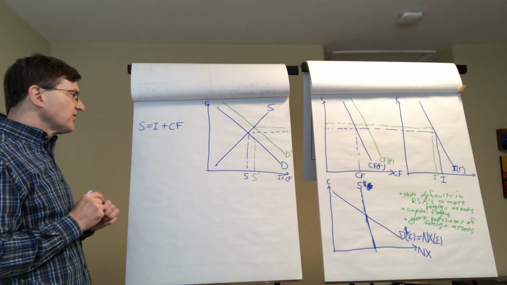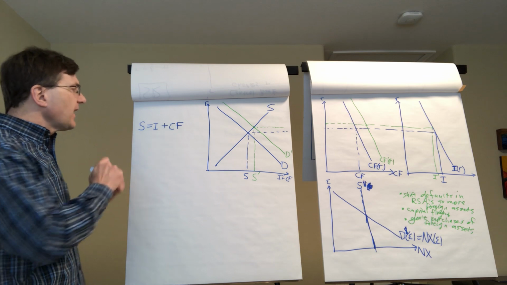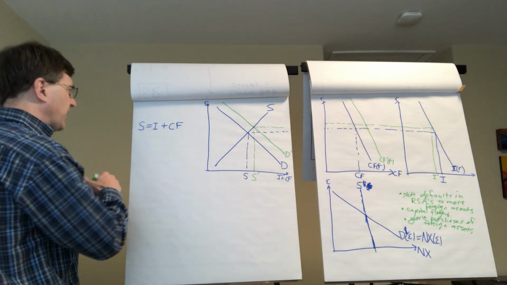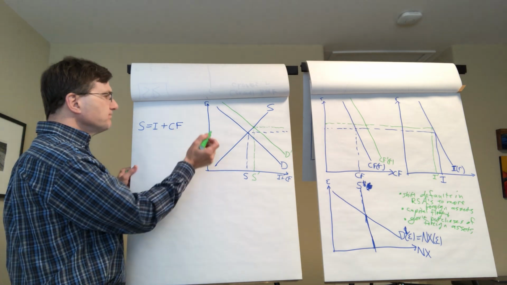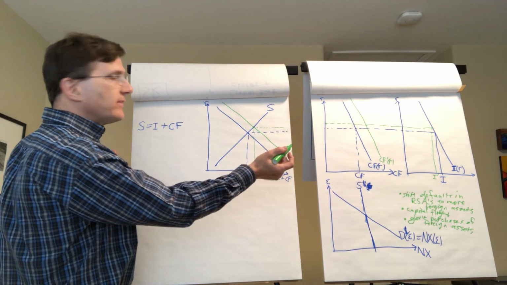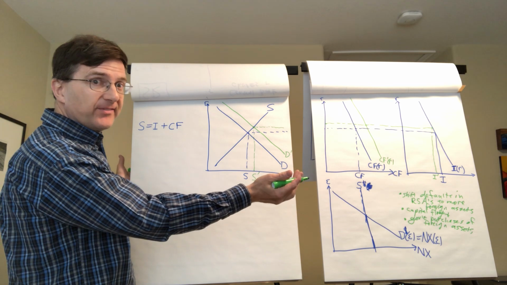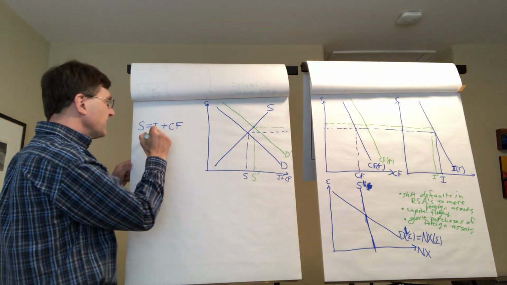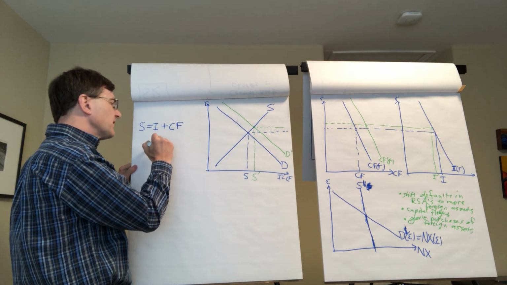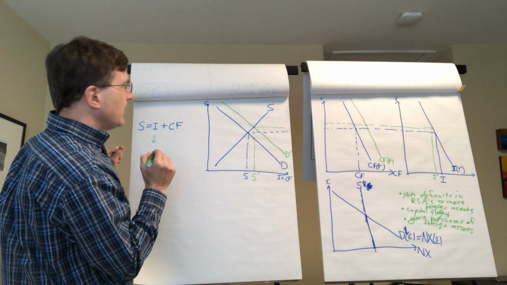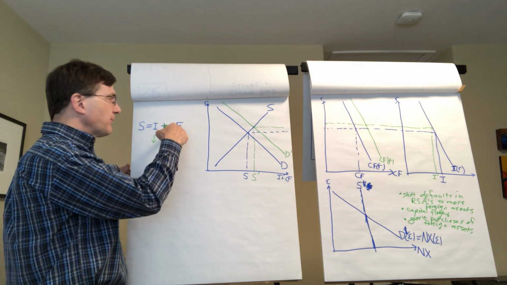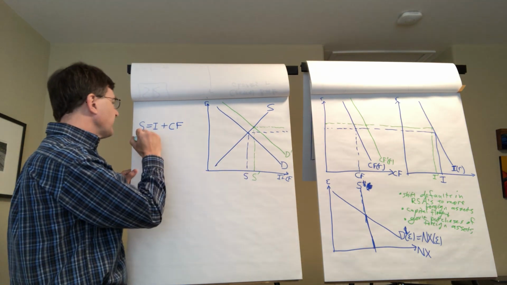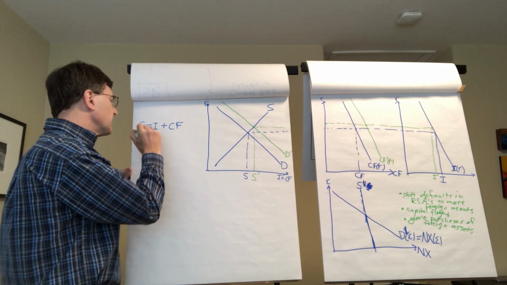I think in this case up arrows and down arrows are fine. I could use pluses and minuses, but what's happened to investment? You should think of the answer before I tell you the answer, but it's pretty clear. Investment goes down. We don't know what's happening to capital flow yet, so let's go on to the quantity of saving. Quantity of saving went up.